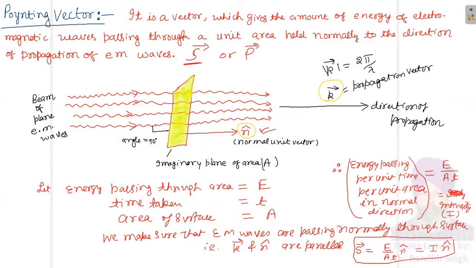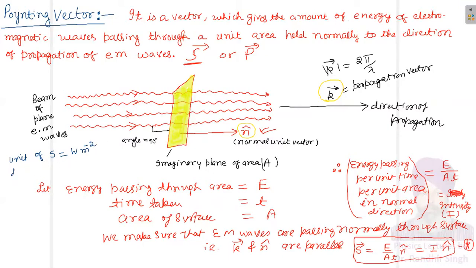Let us now derive the expression for the Poynting vector. Let me call this equation number star. Obviously, the unit of the Poynting vector S will be that of intensity, that is energy per unit time per unit area. It will be watt per square meter.